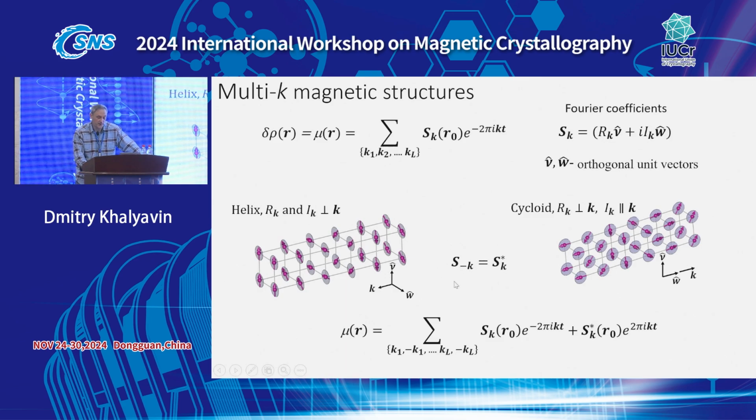It has been explained for you already, but I want to stress it because it's important for the rest of the talk: magnetic moment, or any other distortion, is a real physical quantity. What does this mean? It means that we necessarily should have Fourier components associated with plus k and minus k.